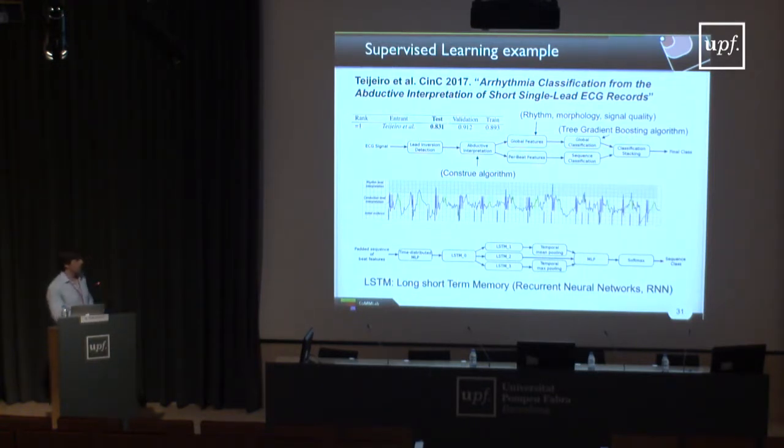pipeline in which they use multi-layer perceptrons, and this LSTM, which is in fashion now, long short-term memory, and basically it's a deep learning, let's say, building block in which you can learn things that you pass and has temporal information, okay?